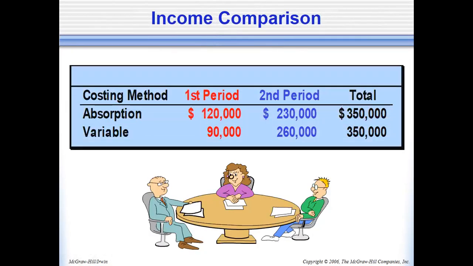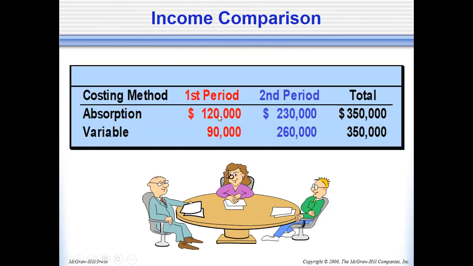Okay, and here is our income comparison. This would also tell us that in later years, depending on the situation of the company, there would be a point wherein the two methods would result in equal income overall.